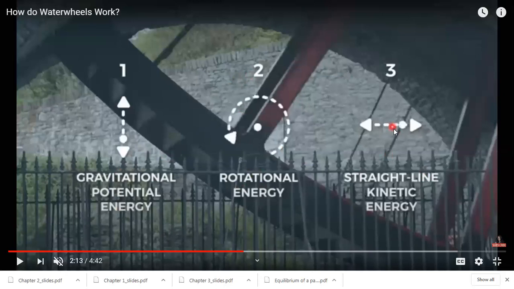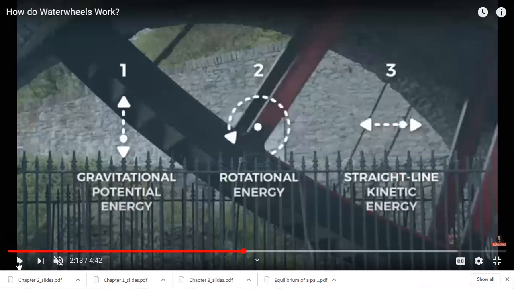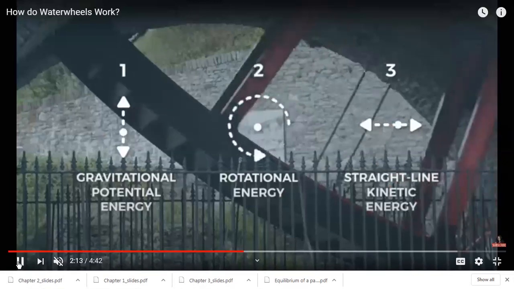So, for example, you can convert it, as in the previous case, to increase the pressure, or you can convert it into straight line kinetic energy, as you did for the piston in the other example. Okay? Now, if you want to calculate the power created by falling water, you should go back to the basics.